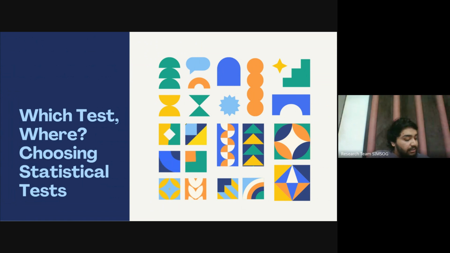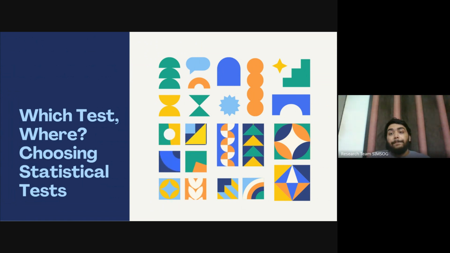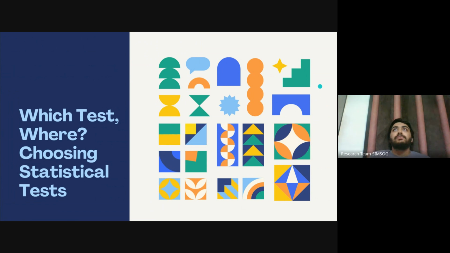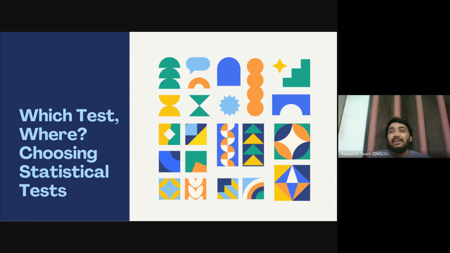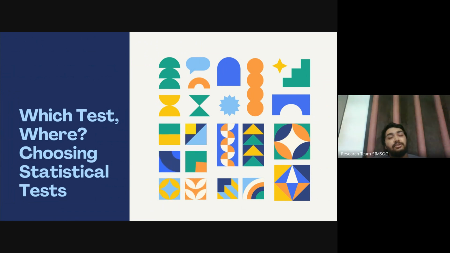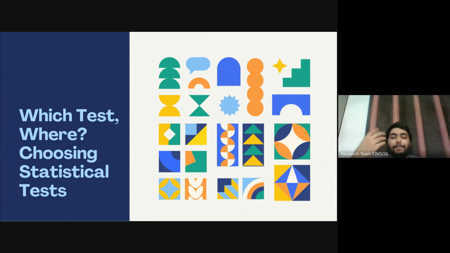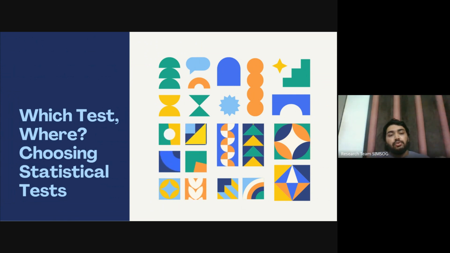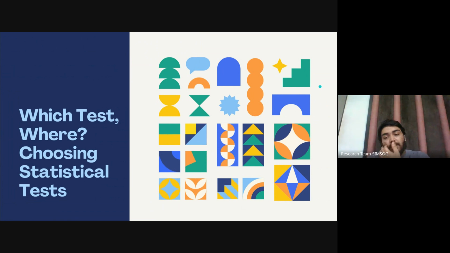In fact, while writing your protocol, because a lot of juniors come to me telling that they find biostatistics difficult, even at the protocol stage where they have to just write what their plan is. So this will be very helpful for you all.